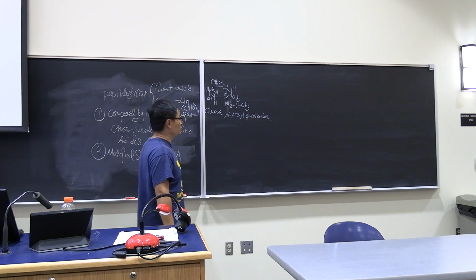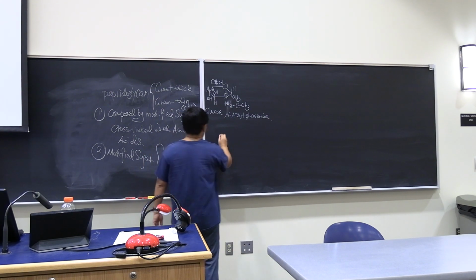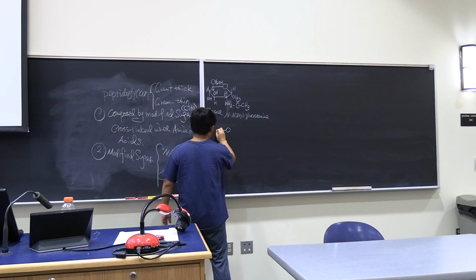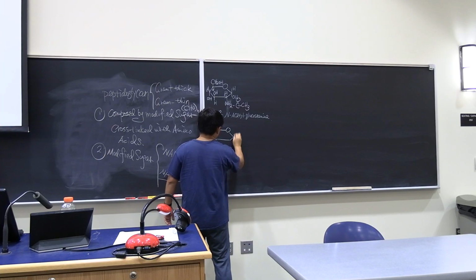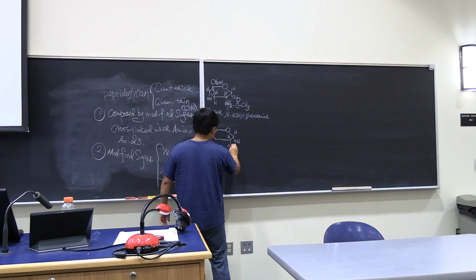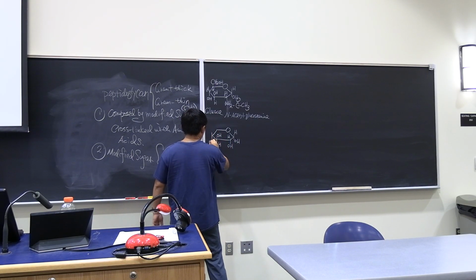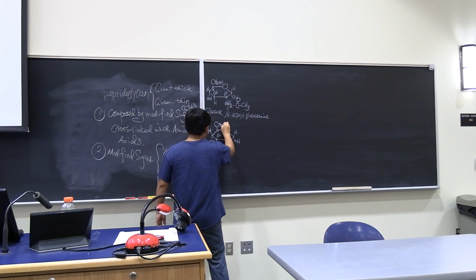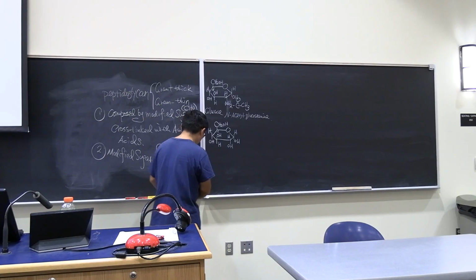Now, what is N-acetylmuramic acid? Let me go through it again. CH2OH happens right here.